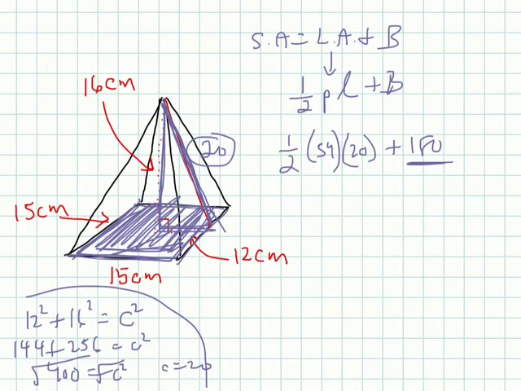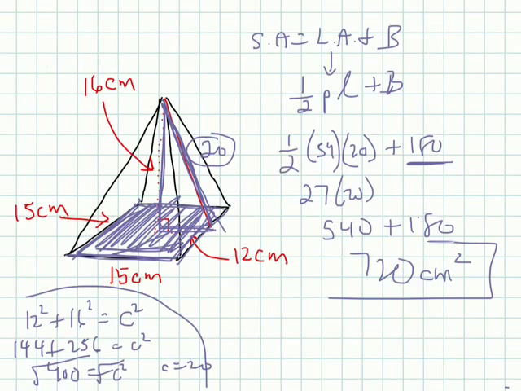Half of 54 is 27. 27 times 20 would be 540. 540 and 180 is 720. And this is centimeters squared. And there we are, the surface area of a pyramid.